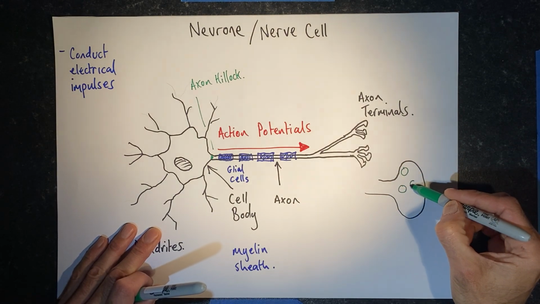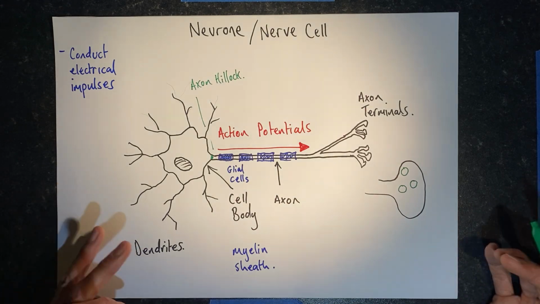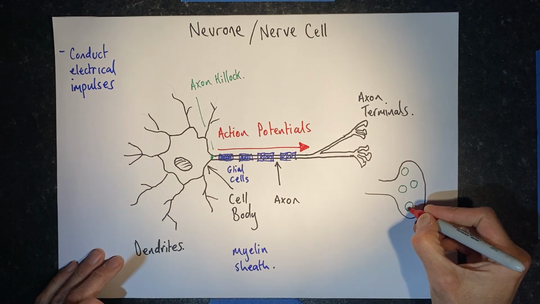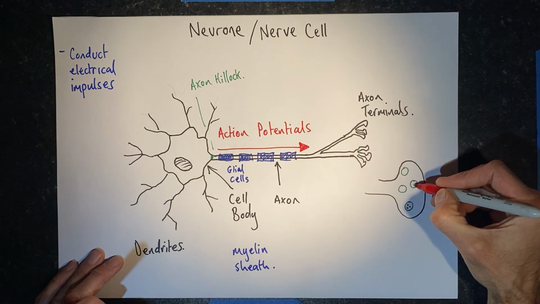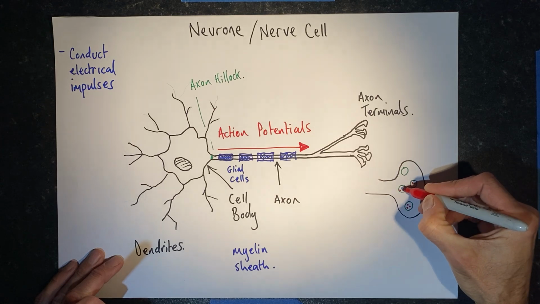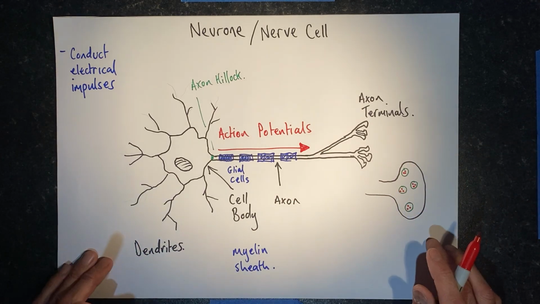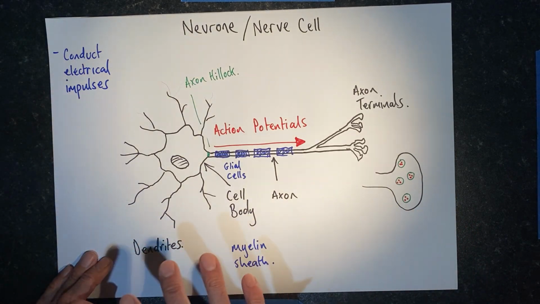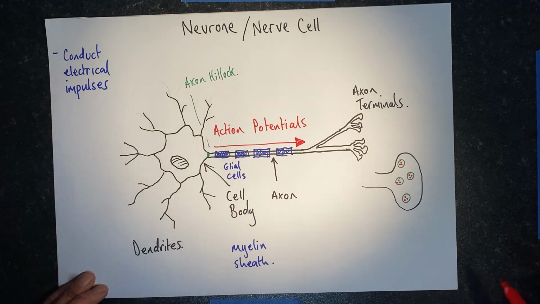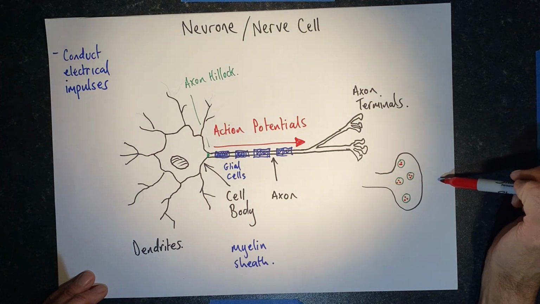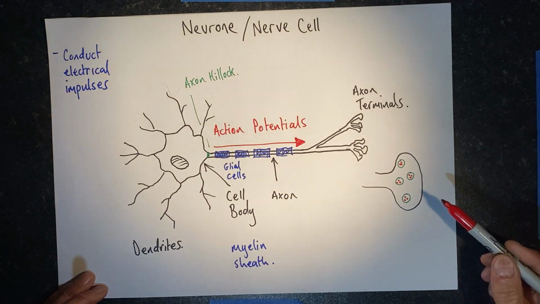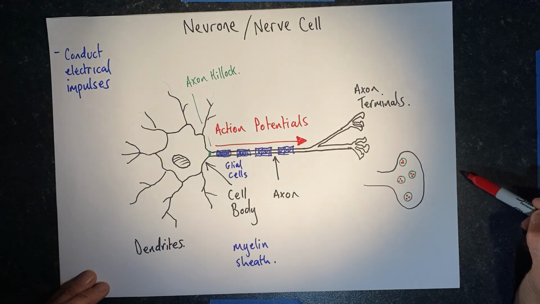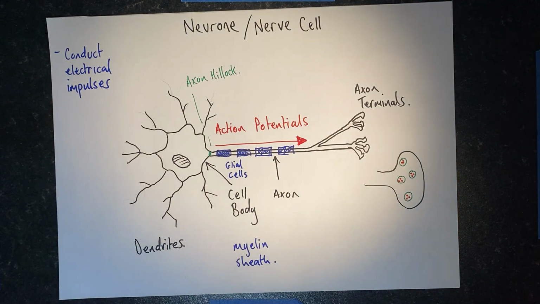Now these are membrane bound pouches, if you like, that will contain a chemical neurotransmitter shown here in red that is key to the action of the neuron itself. So the neurotransmitter is released, and this neurotransmitter can then act upon another neuron or a muscle or a gland.